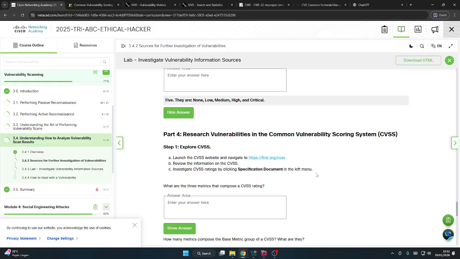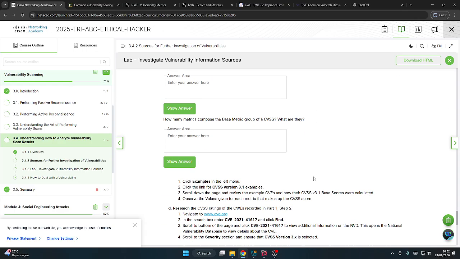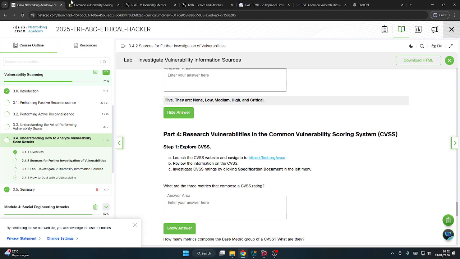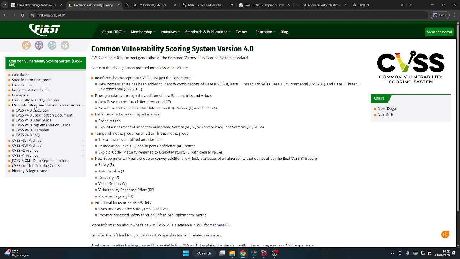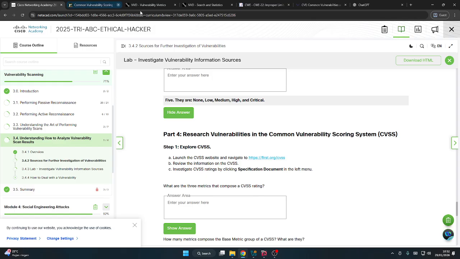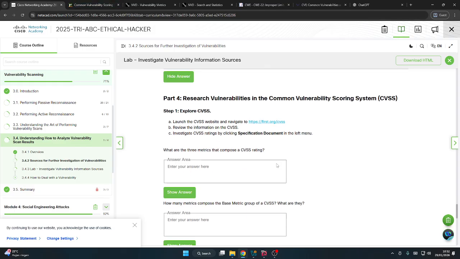Investigate the CVSS rating by clicking the specification document in the left menu. There is information about the CVSS documents and resources. There is a complete version list: V1, V2, V3, V3.0, and V4, which is the latest.